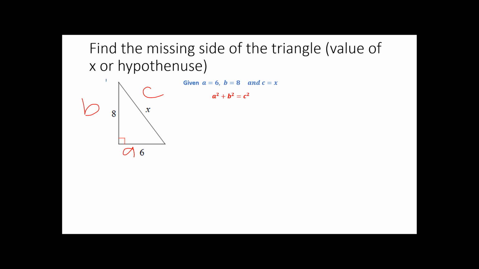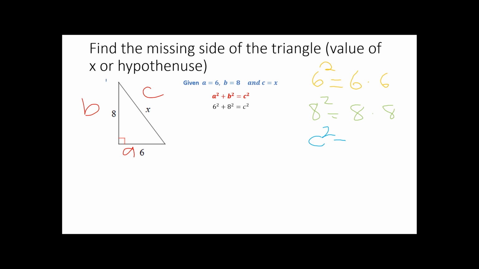So we plug it into the equation. A squared plus b squared equals c squared. So 6 squared plus 8 squared equals c squared. Just recall, 6 squared is 6 times 6. 8 squared is 8 times 8.